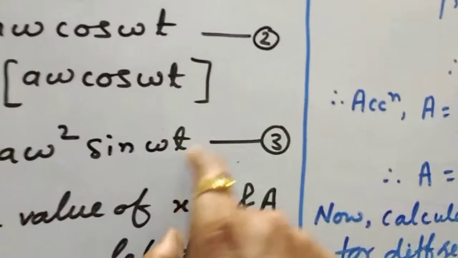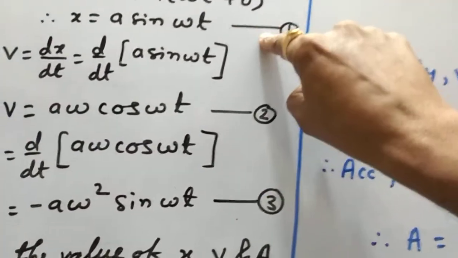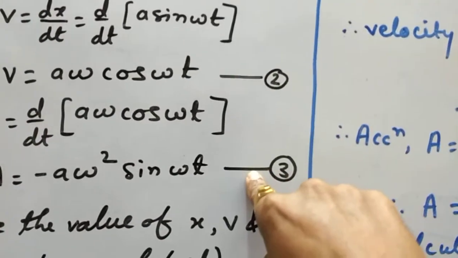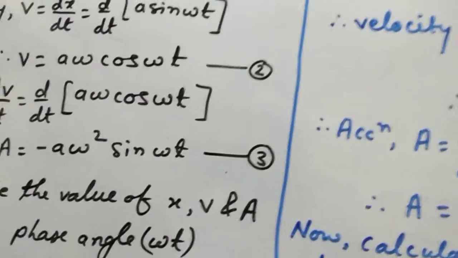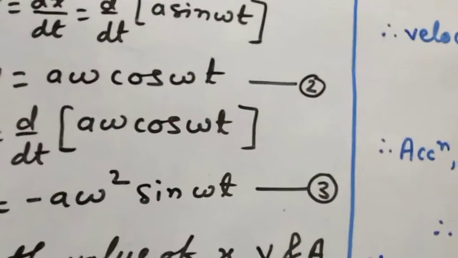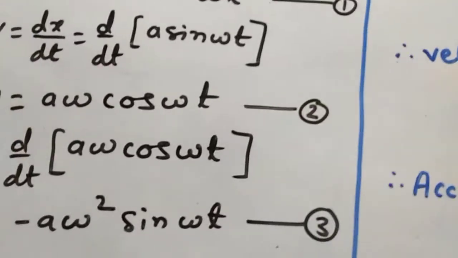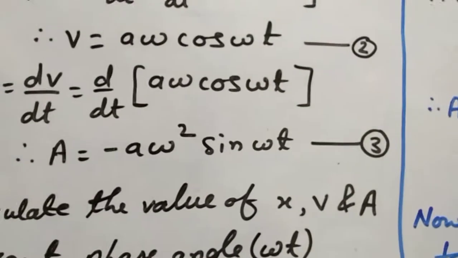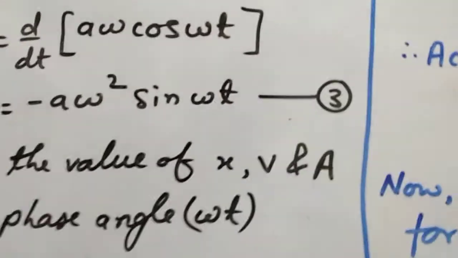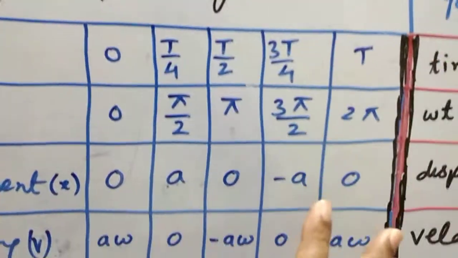In this way the expressions for displacement, velocity and acceleration are represented by equations 1, 2, 3. Now to express the displacement, velocity and acceleration graphically for different phase angles, that can be calculated in this table.